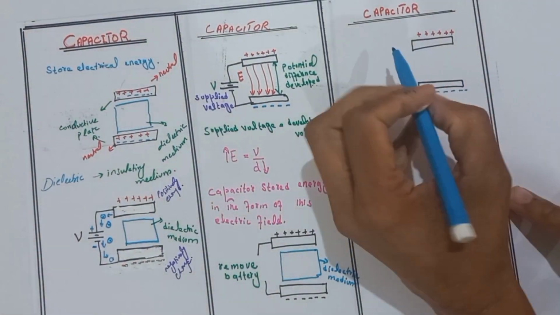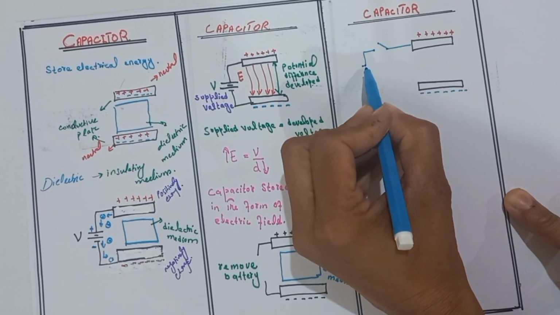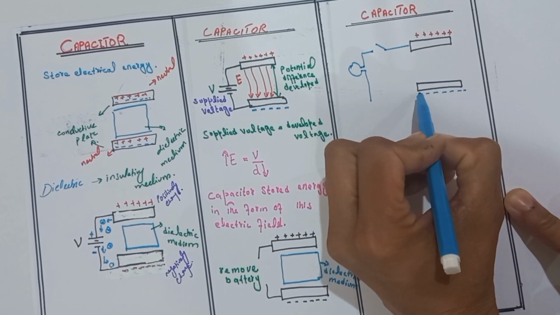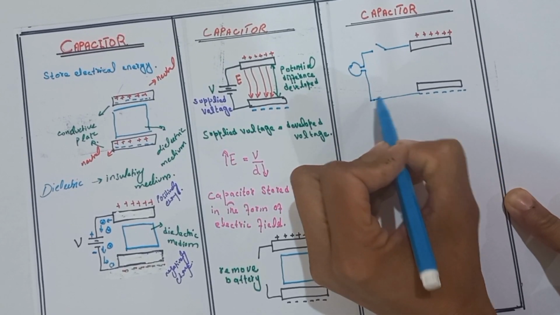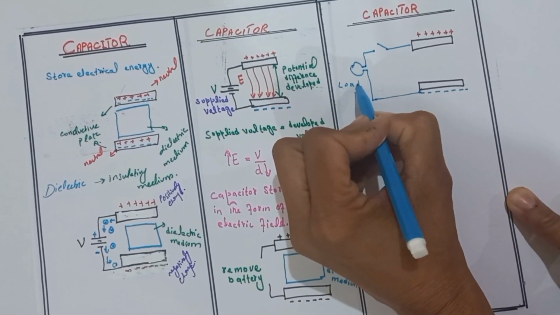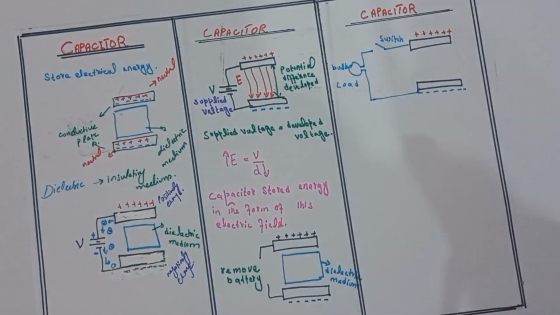Now as you can see here, the conductive path is connected between the two terminals of the conducting plates of the capacitor, and the load is in the form of a bulb, and this is a switch.